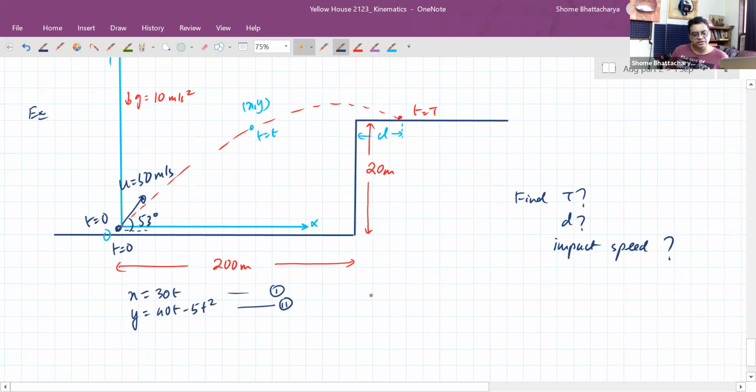The equation of trajectory will become y is equal to 4 by 3 x into 1 minus x upon 240. This is the equation of trajectory.